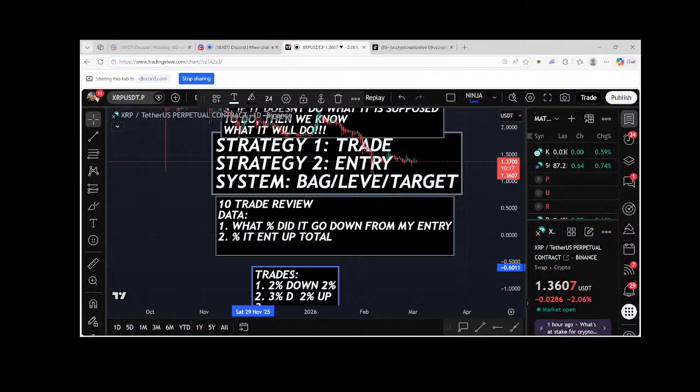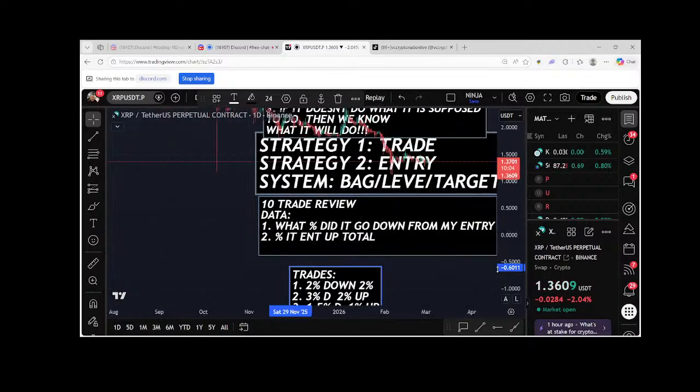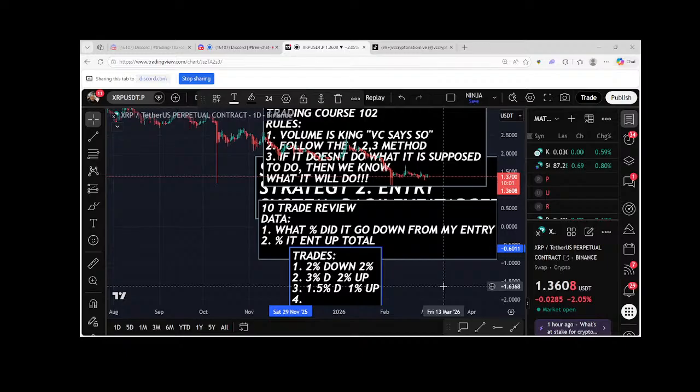My third trade, I had 1.5% down, and I had a 1% up. My fourth trade, 2.5% down, 1% up. And my fifth trade, let's say I have a 1% down and a 3% up, right? Now we'll just do 5 trades here.